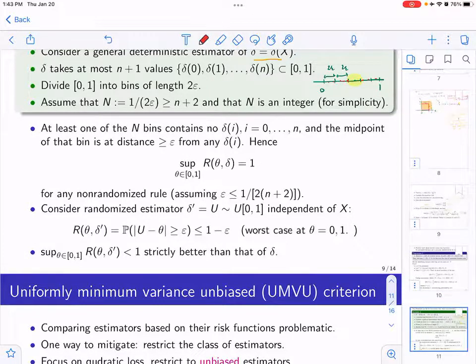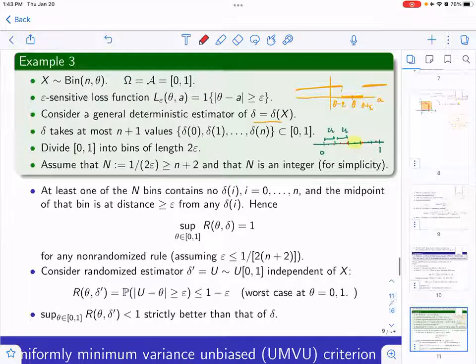And so that means that if you look at the epsilon-sensitive loss, remember you're looking at this delta of x, for that value of x.